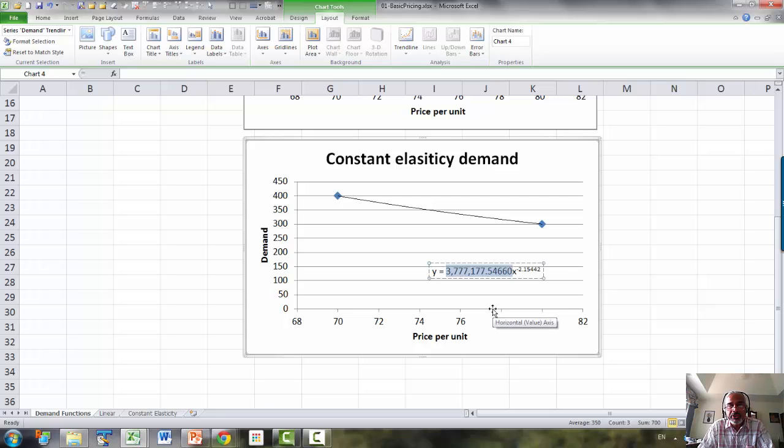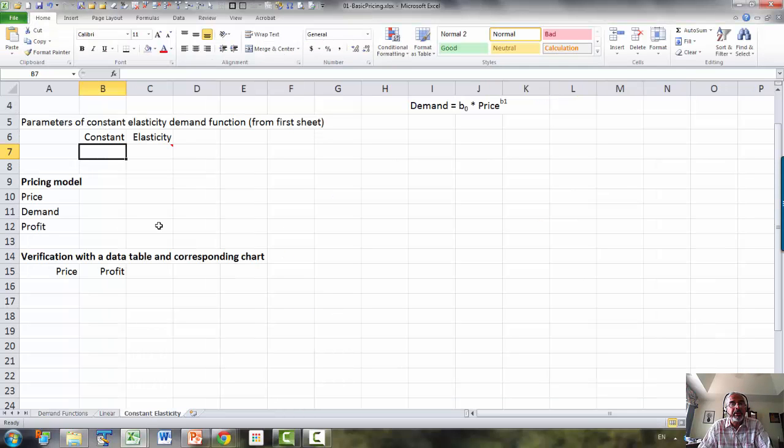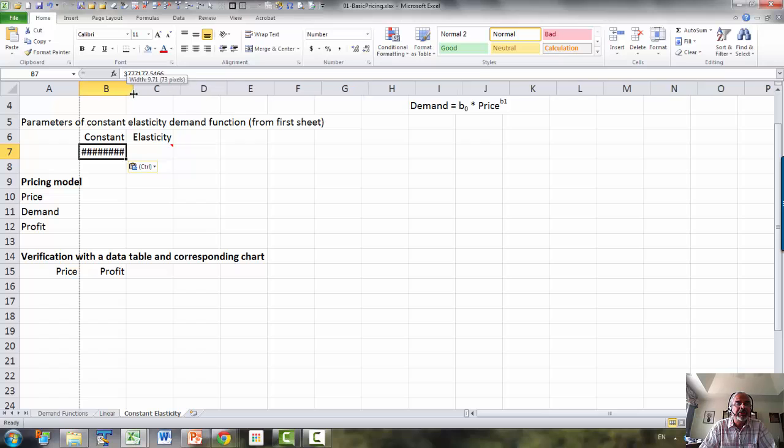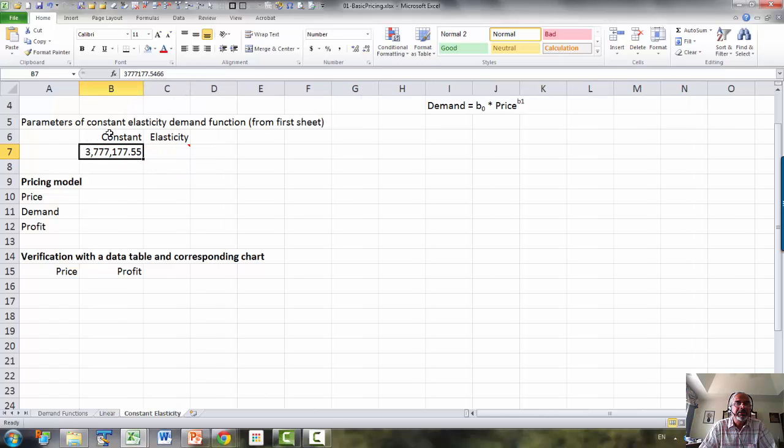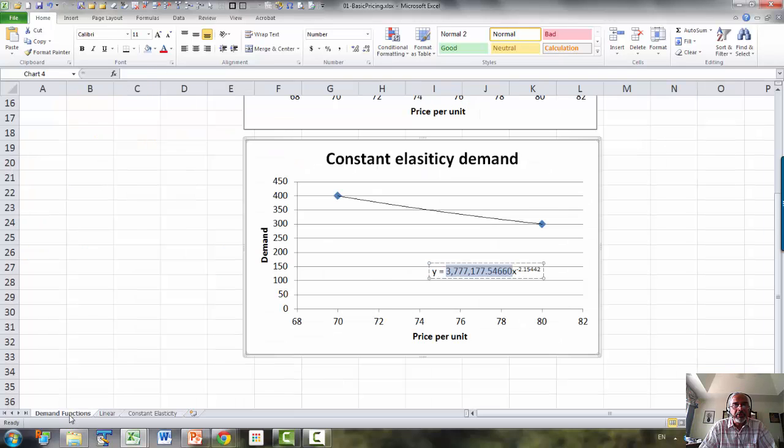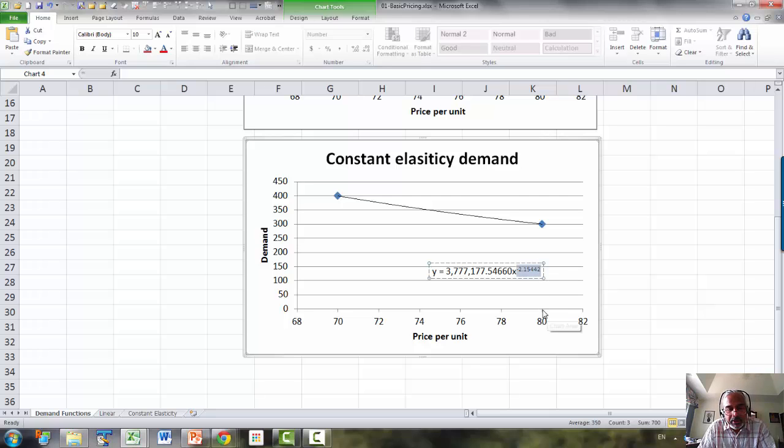Then Control C. Now this is constant elasticity demand, so we'll go to this tab and enter it here. Increase the column width like that. Then you'll have the constant part. Let's go back and now very carefully highlight the exponent.